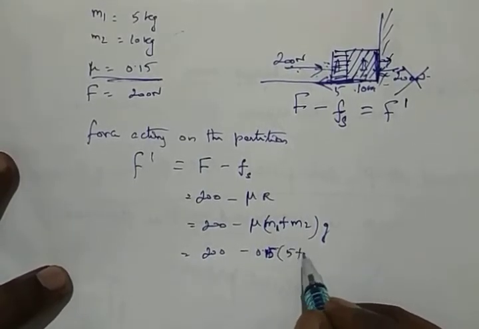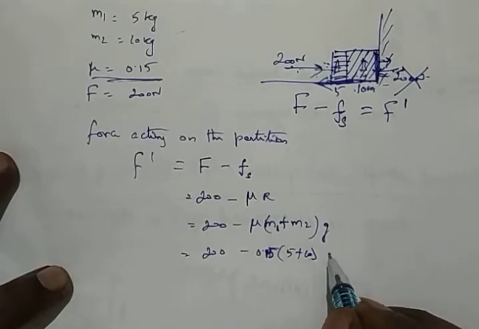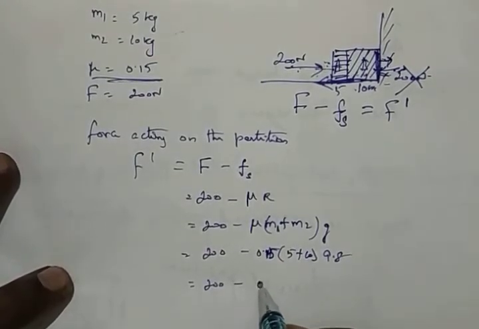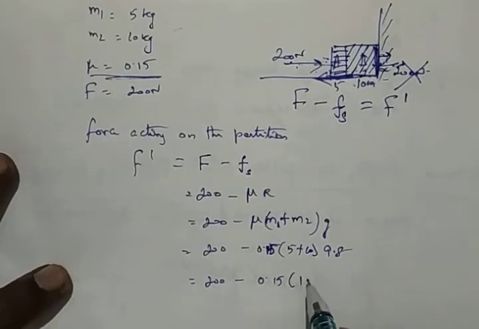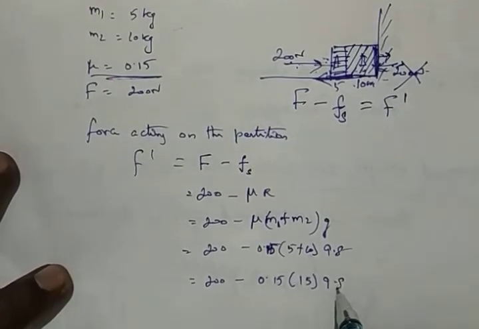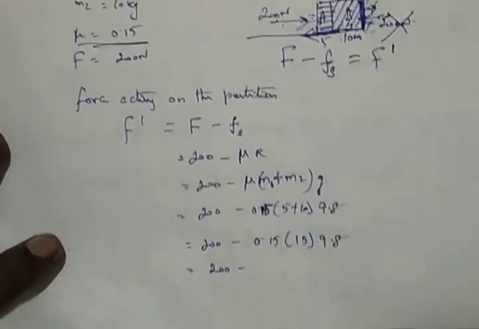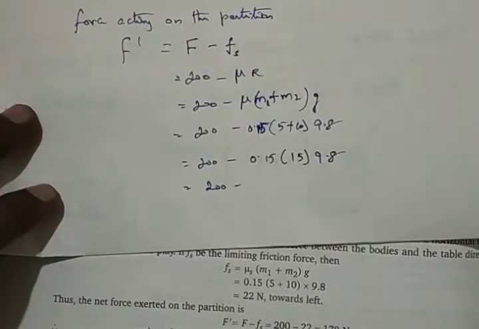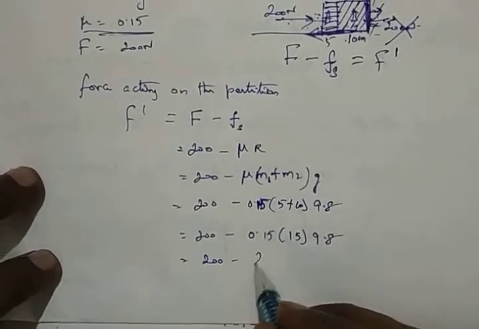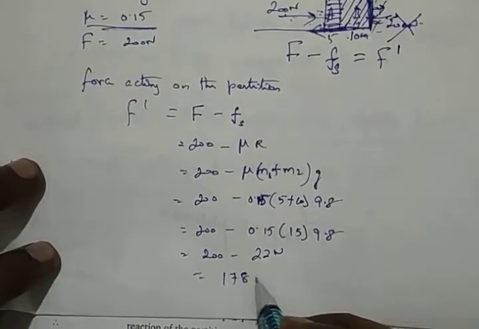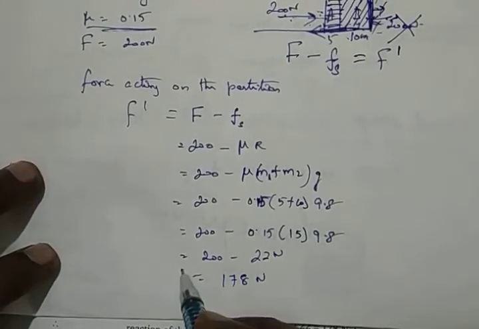It is 5 plus 10, into G is 9.8. So it is 200 minus 0.15 into 15 into 9.8. So you get a subtracted value of 22 newtons. It is going to be equal to 178 newtons.